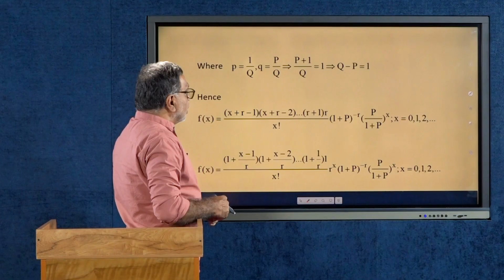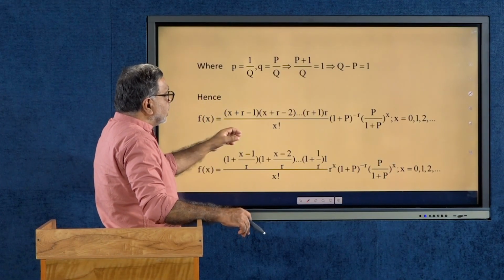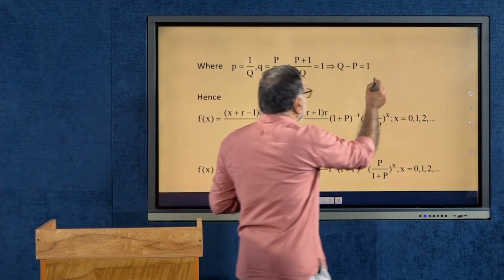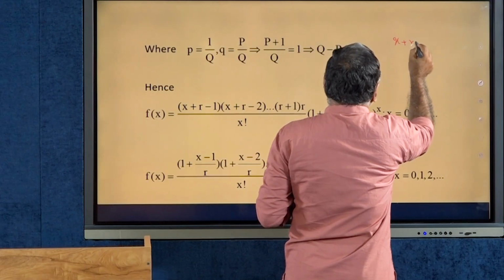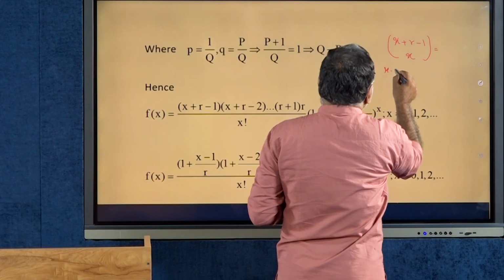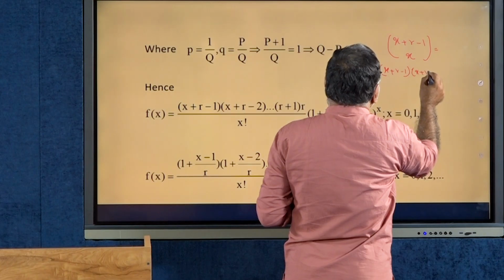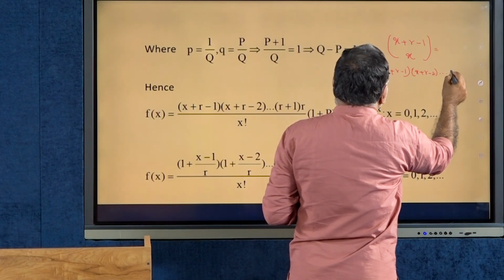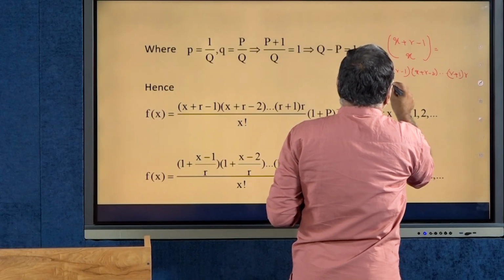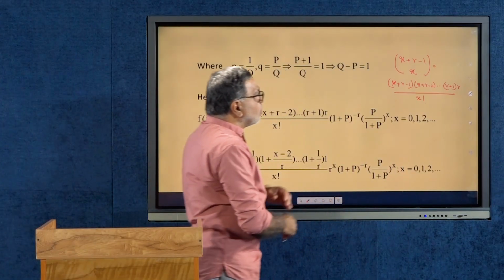And then f of x has this x plus r minus 1 cx, written as x plus r minus 1 into x plus r minus 2 etc. up to r plus 1 into r divided by x factorial, by cancelling the common factors.